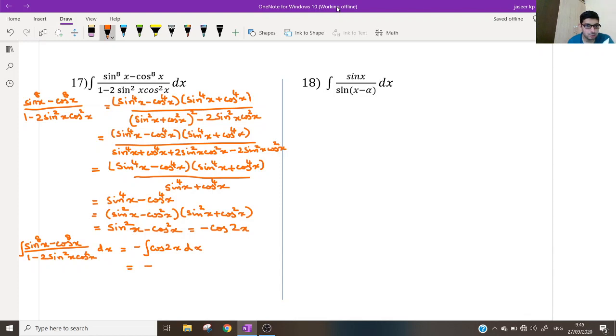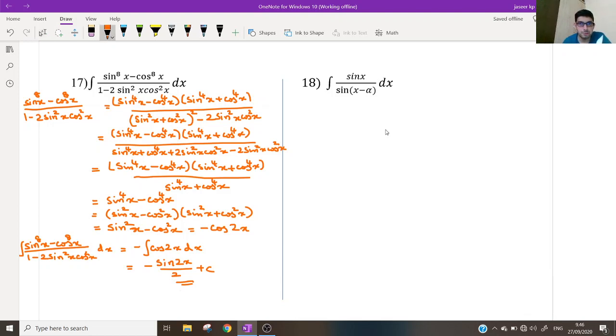So minus, cos 2x integral is sine 2x divided by 2 plus c. So this will be the answer. So the integral is equal to minus sine 2x divided by 2.